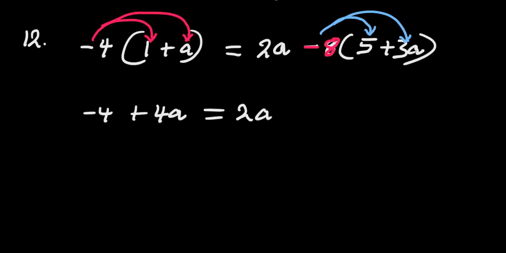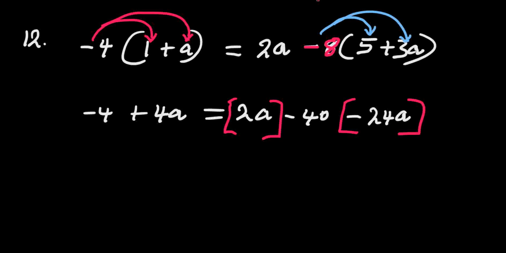Now, negative 8 times 5 is negative 40. And negative 8 times positive 3a will give us negative 24a. So on the right side, we can combine like terms. We have positive 2a here, and we have negative 24a here.